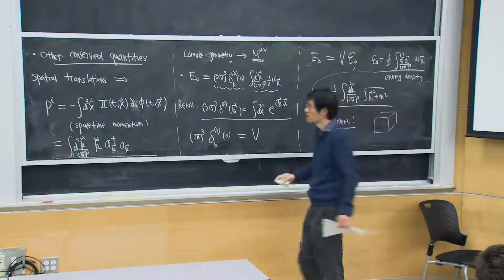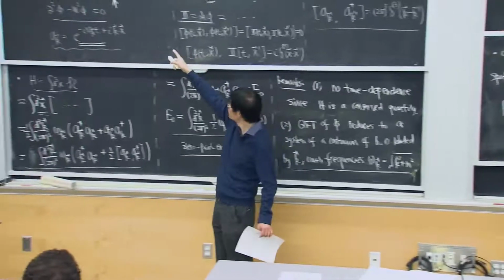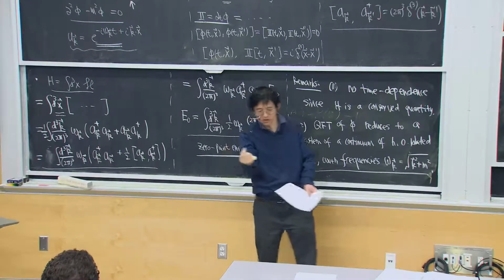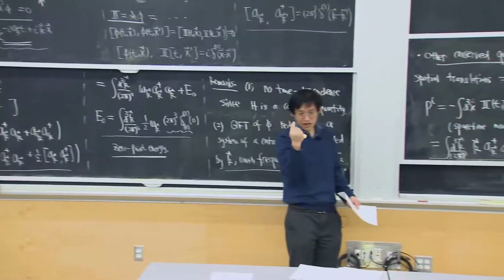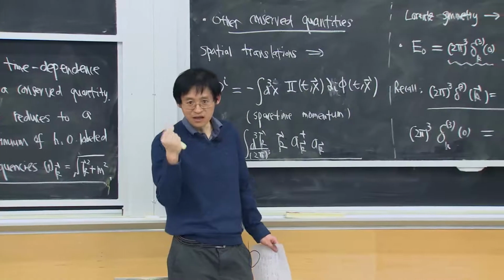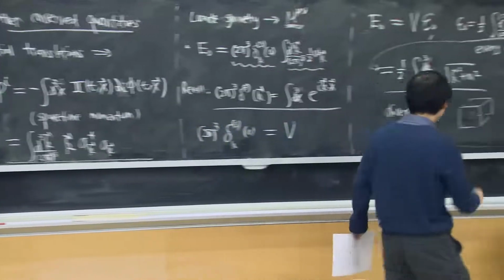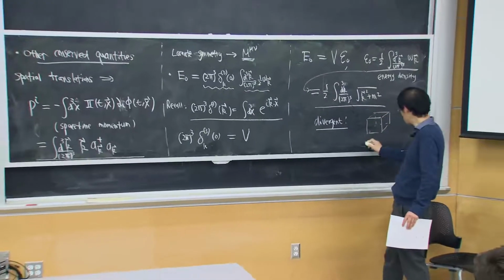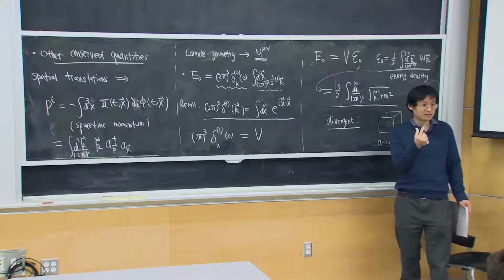Remember we said before, this corresponds to taking a discrete system with some lattice spacing a, with a harmonic oscillator at each lattice point, and then taking the lattice spacing a to 0. That means for any unit volume, when you take a to 0, you have an infinite number of oscillators inside.